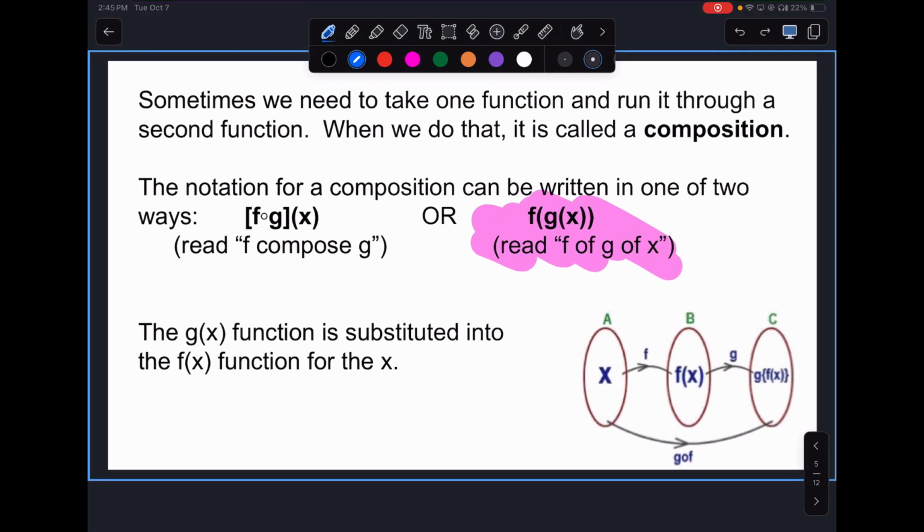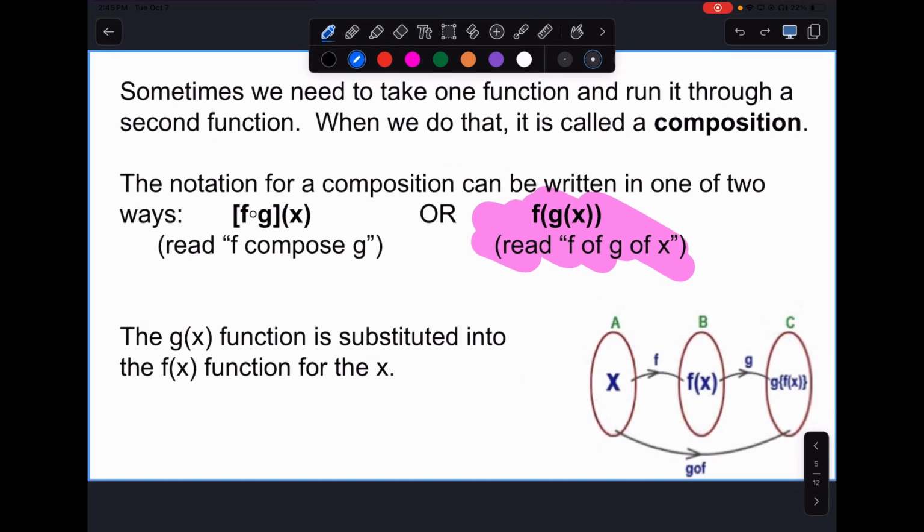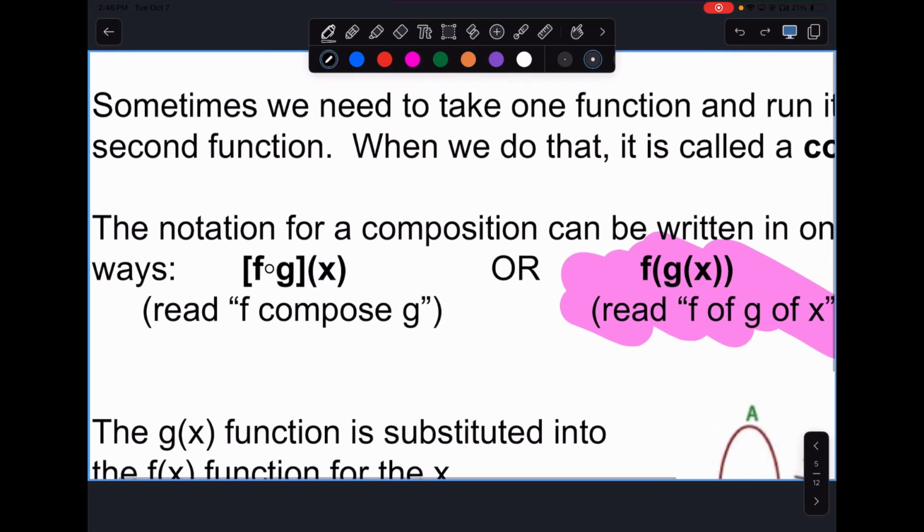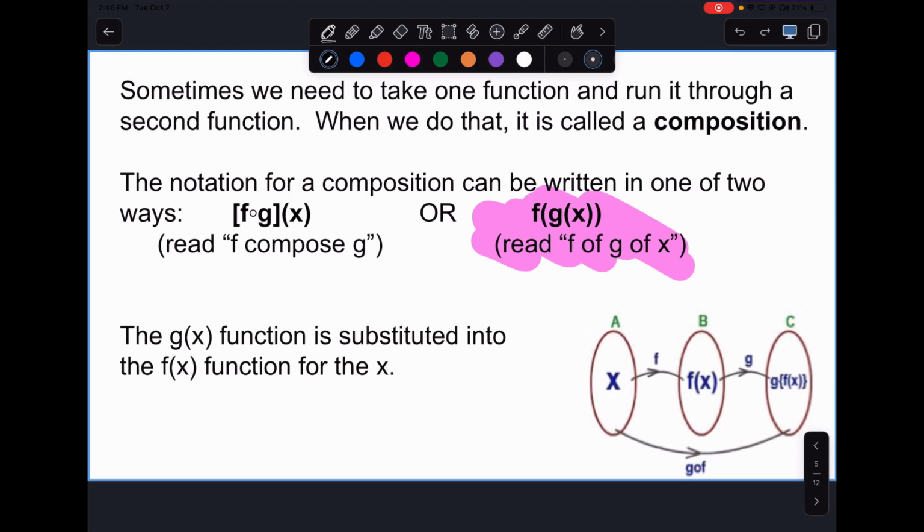Something we need to note is that this symbol has an open circle. What if it was a closed circle? That would be multiplication. An open circle indicates composition. Are we all good on how we're going to write things out and communicate about it?